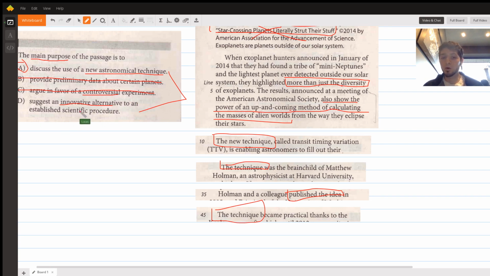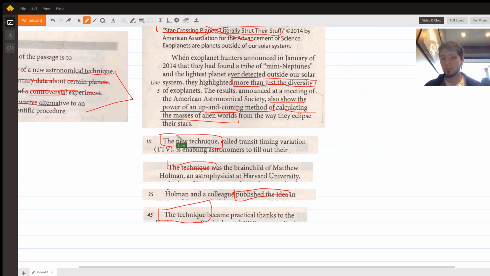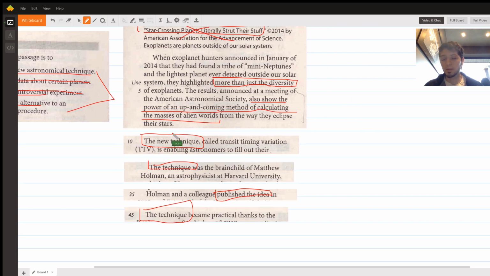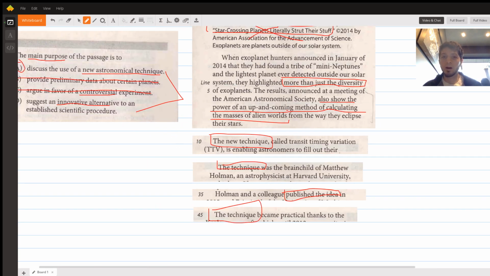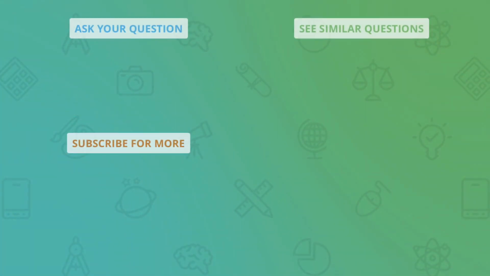It does mention the old method of determining the masses of alien worlds, but it doesn't really harp on it. It doesn't focus on it so much as it discusses TTV in general. So because A is a simpler option than D, and D has this part here, which could make it wrong, we're going to eliminate D and leave A as our answer choice.